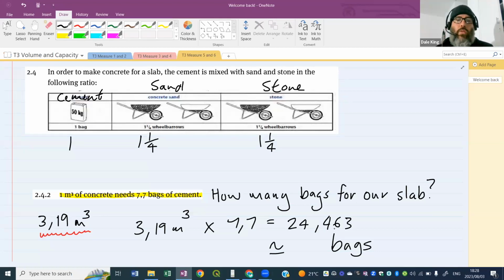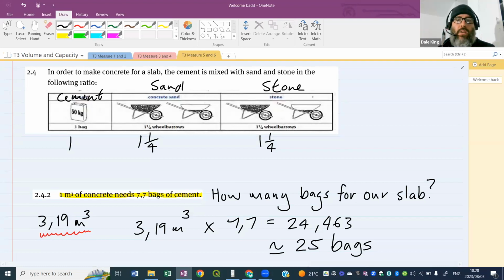Rounding off is different to rounding to complete the job. We need to complete the job, so we can't round down to 24. We won't have enough. So in this case, we go up to 25. Always round up, no matter how small that decimal is, because you're going to need enough for the job.